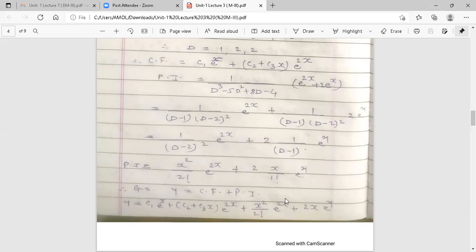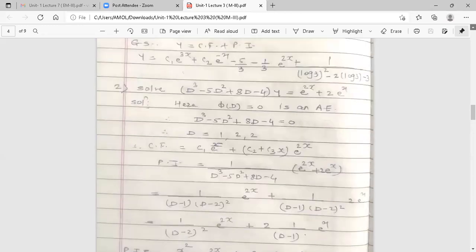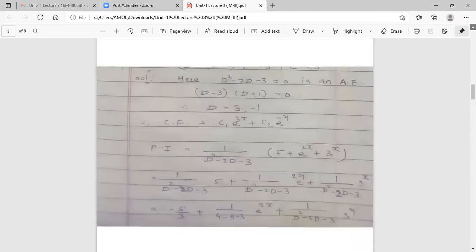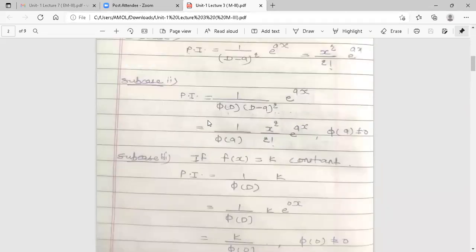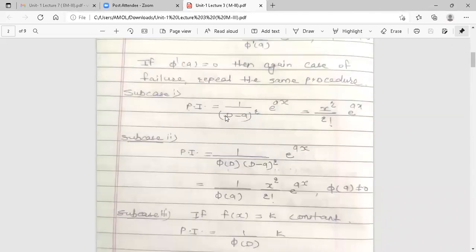So for both the terms, we are using the same formula, and that formula is here. 1 upon (D minus a) to the power r into e raised to ax is equal to x raised to r upon r factorial into e to the power ax.